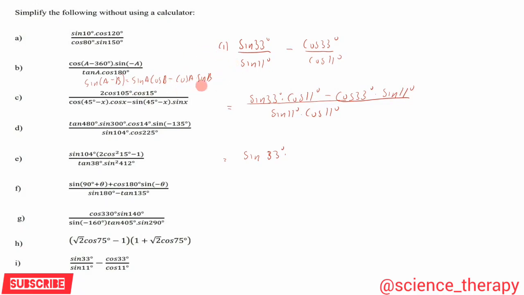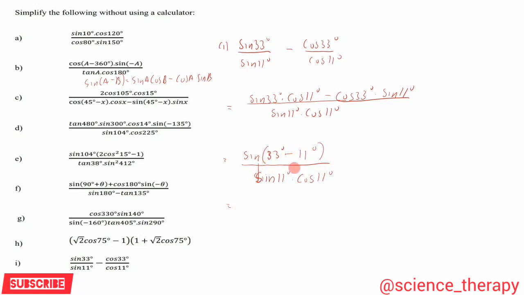So this is a similar situation to what we see here, whereby we need to take all this in the right hand side and reduce it to one trig ratio. That means we have sine of 33 minus 11 degrees, then over sine 11 cos 11 degrees.